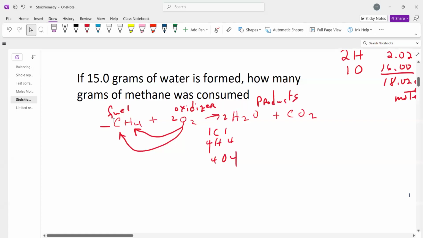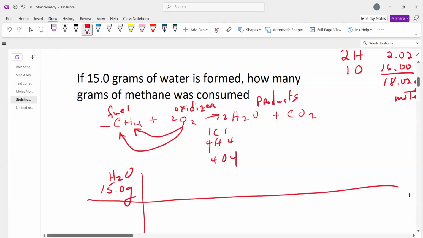Yeah, 15 grams of water. It's just like before. Find the number. And I want you to put the H2O on top there. All right, 15 grams of water.